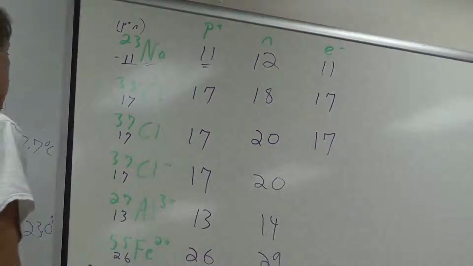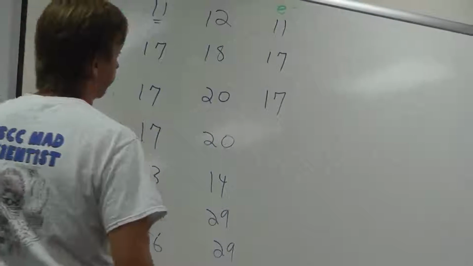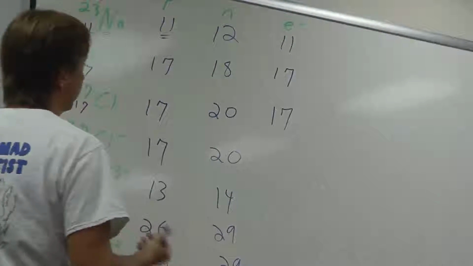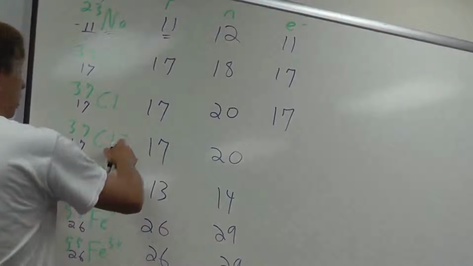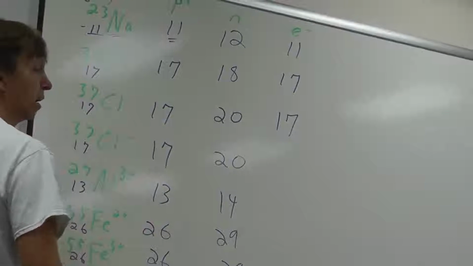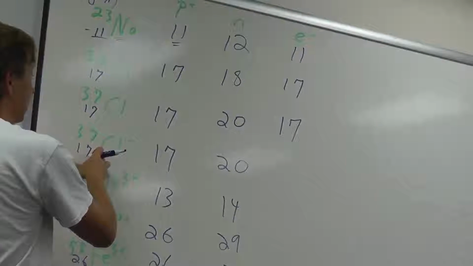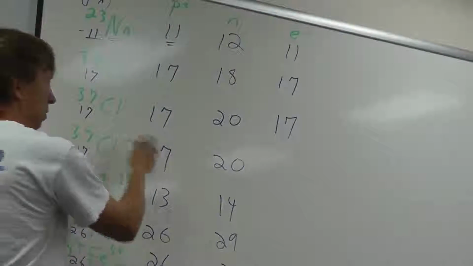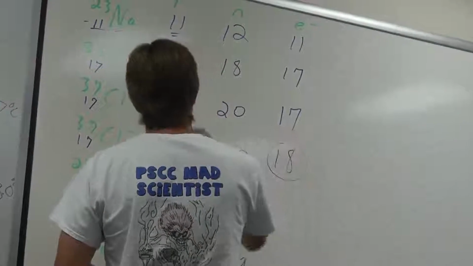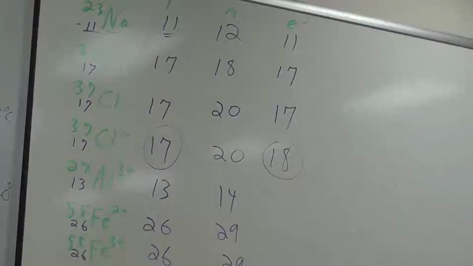The next one though, this one has a negative charge. Electrons are negative. Having a negative charge means it's got one extra negative than it would normally have. And what's normal for chlorine? 17. Normal is 17, one extra would be 18. 18. And just to double check, if you compare your electrons to your protons, you've got one extra.